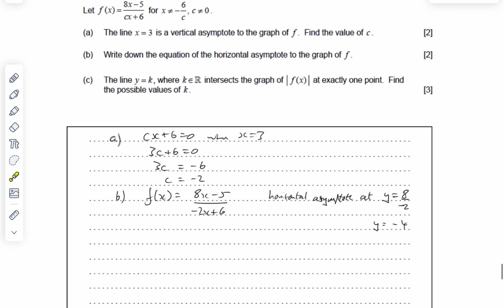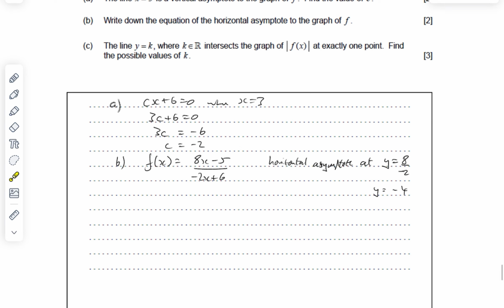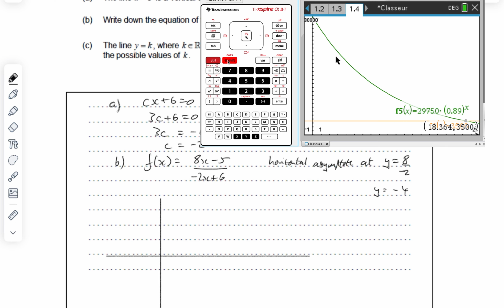The line y equals k intersects this graph of the modulus of f of x. Well, let's put that in the calculator and see what it looks like. Let's add a new graph page with Control and add a page.